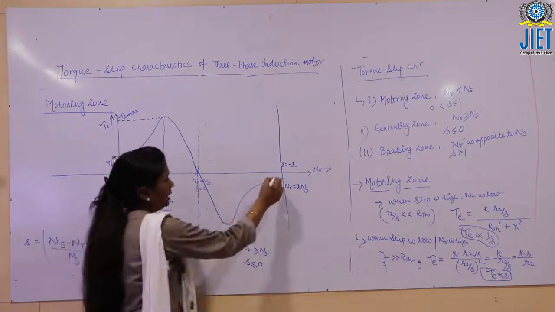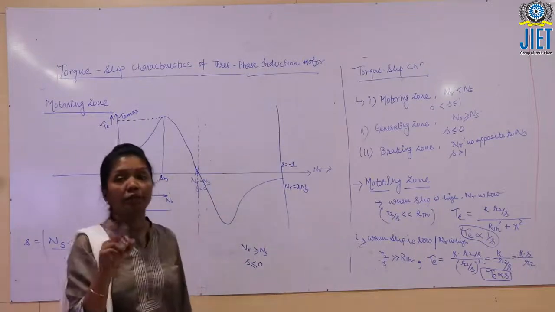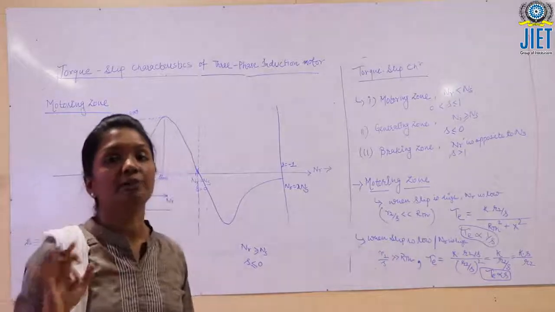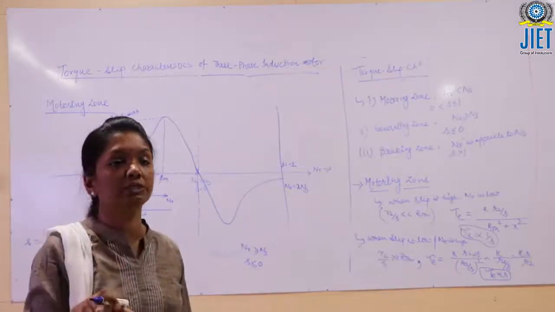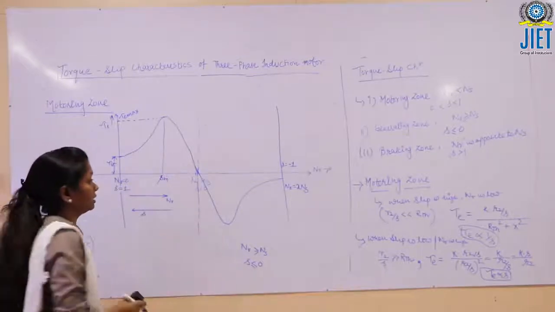So here the values of slip are again falling between 0 and 1. Only the thing is the sign of slip has been changed, so the torque is now in the negative direction.